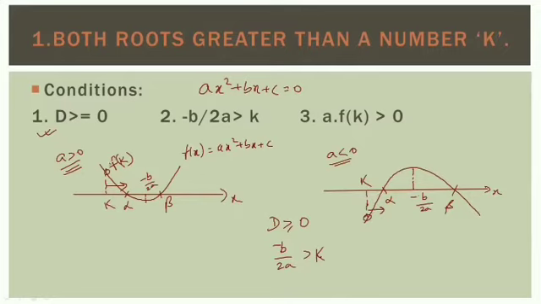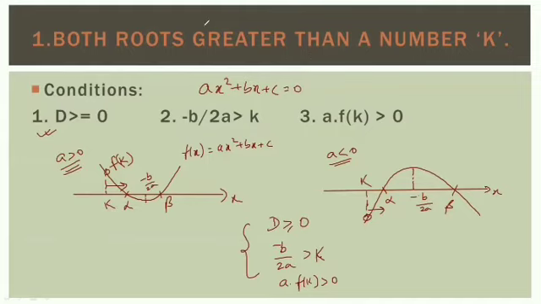That means we can say that the product of a and f of k is always positive, negative into negative, positive into positive. So a into f of k is a positive number. So these three conditions are the conditions when both roots will be greater than a number k.